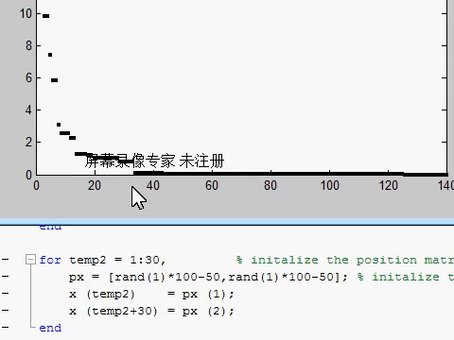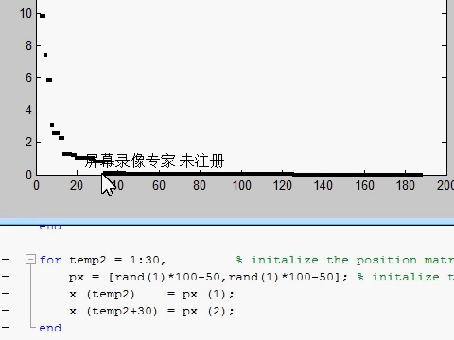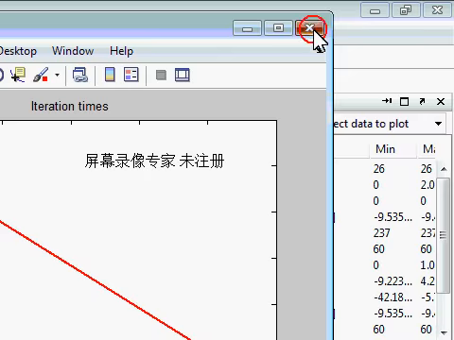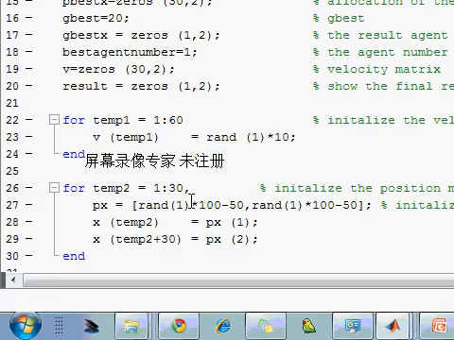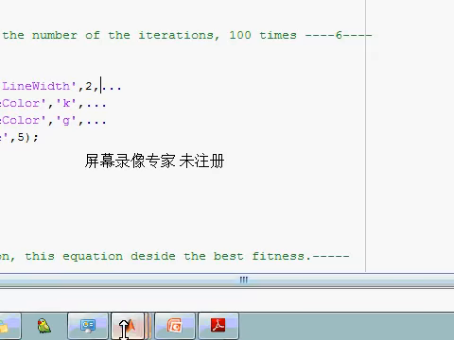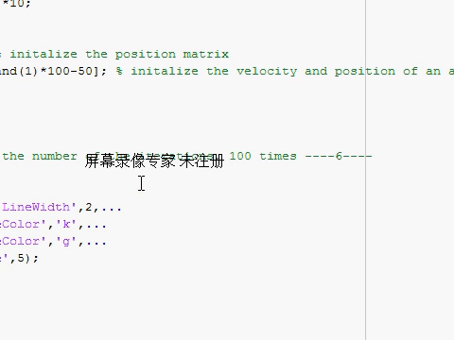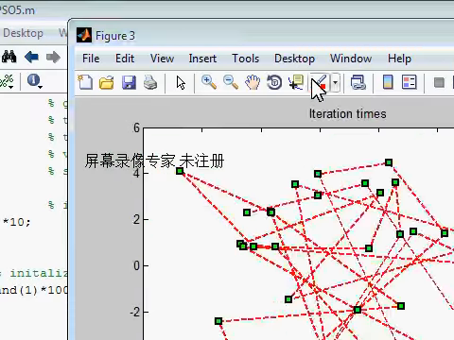You can find that these blue dots are getting closer and closer to the global minimum, and after around 30 iterations, it already found its results. So we can stop the program and reduce the iteration number to 50, and we run it again.